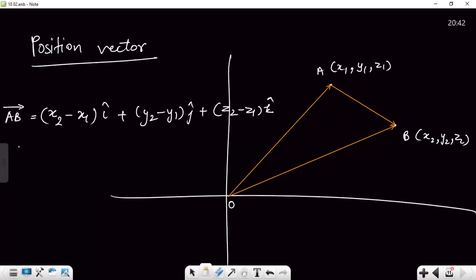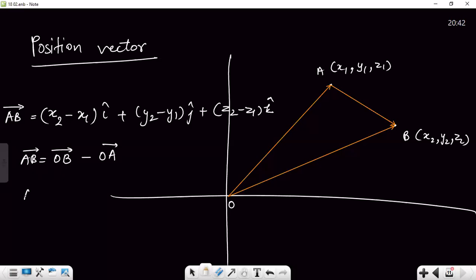What we have done for finding out AB vector, actually, we have subtracted OA vector from OB vector. And from here comes the addition, the triangle law of vector addition.